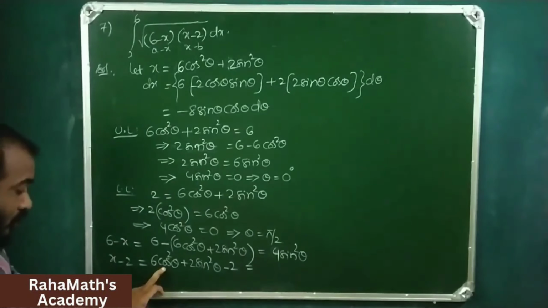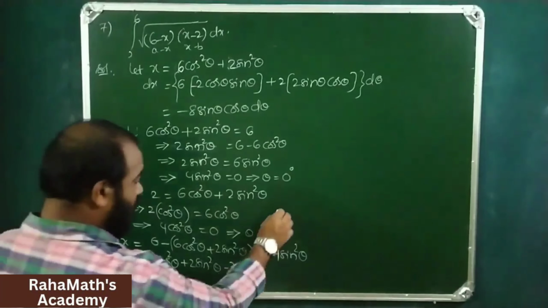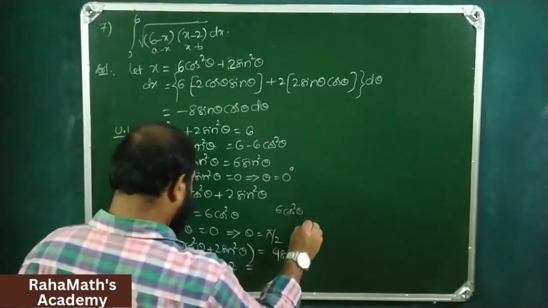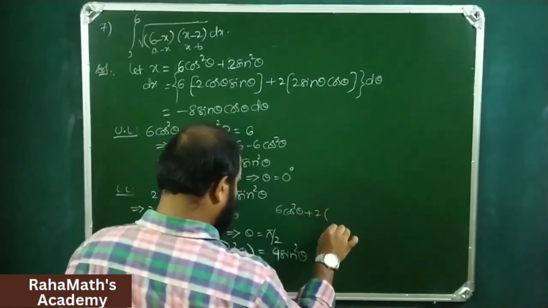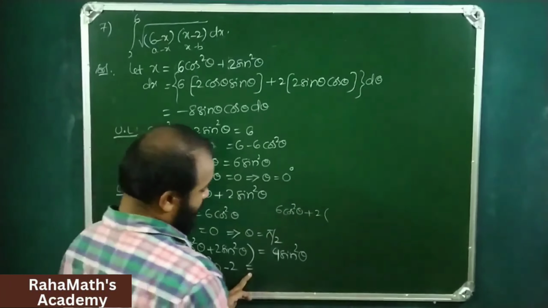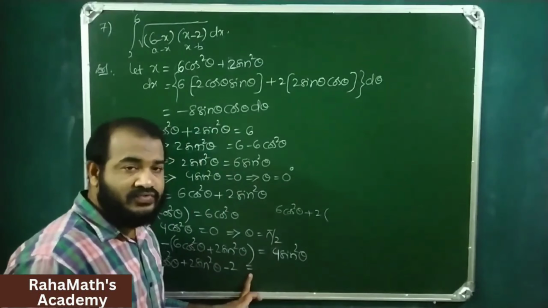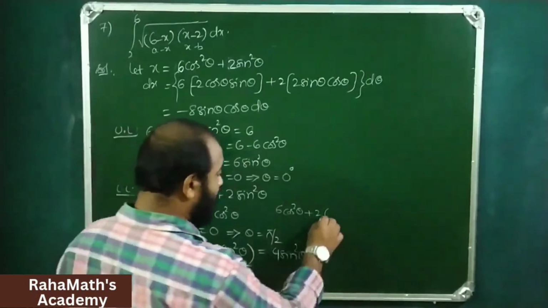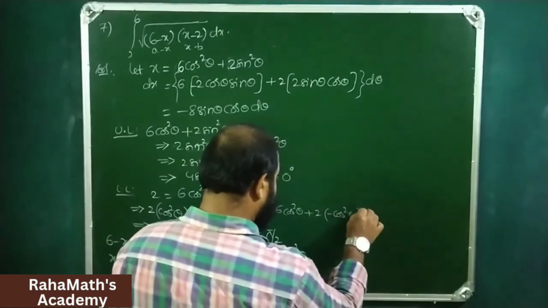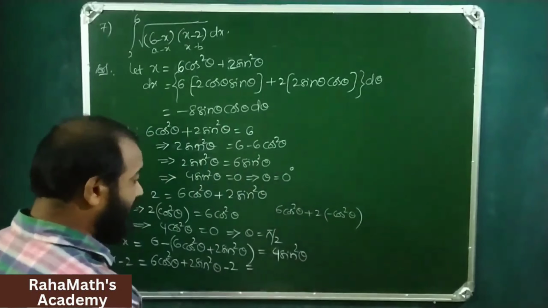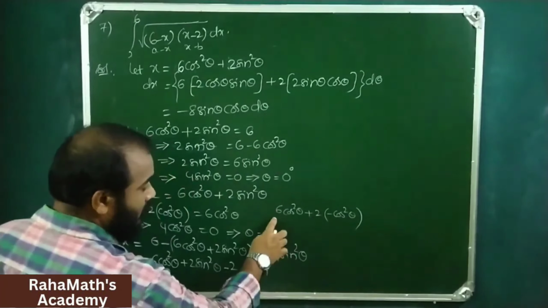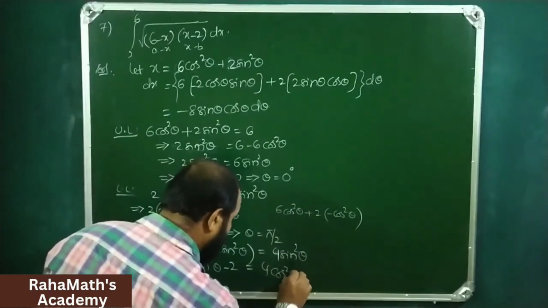Take 2 in common: sin square theta minus 1. 1 minus sin square theta is cos square theta, so sin square theta minus 1 is minus cos square theta. So 6 minus 2 cos square theta is 4 cos square theta.